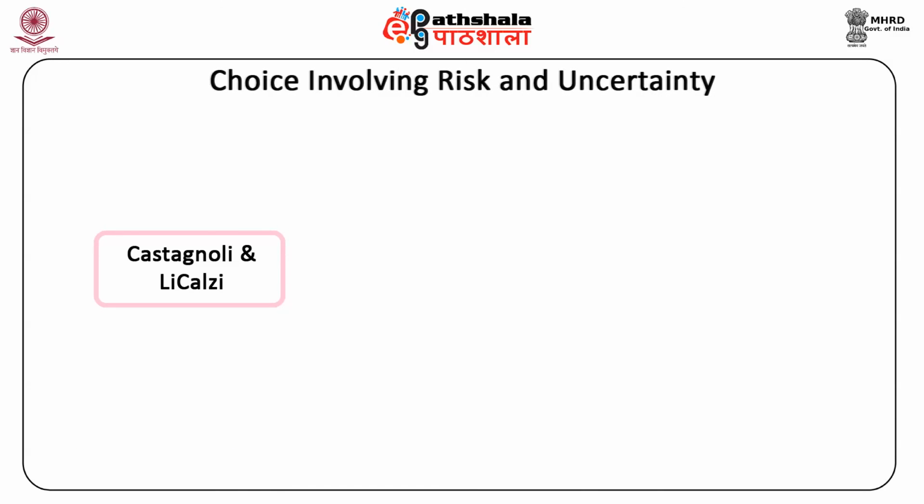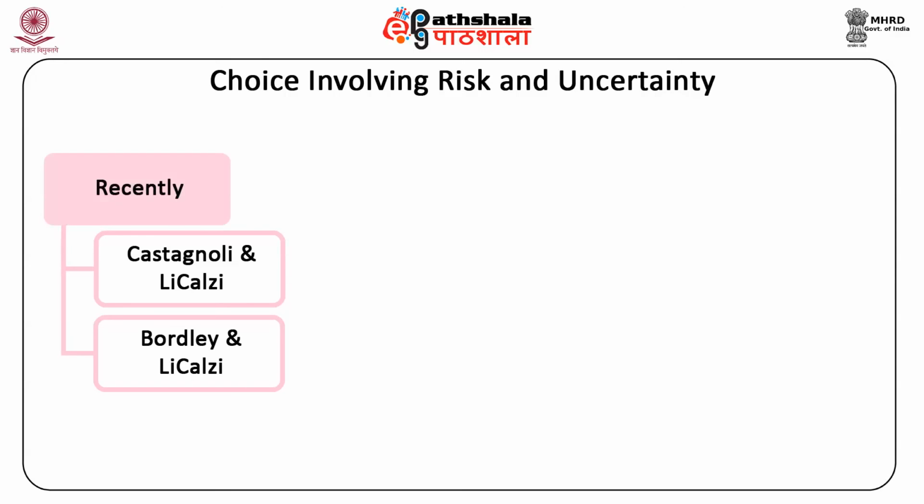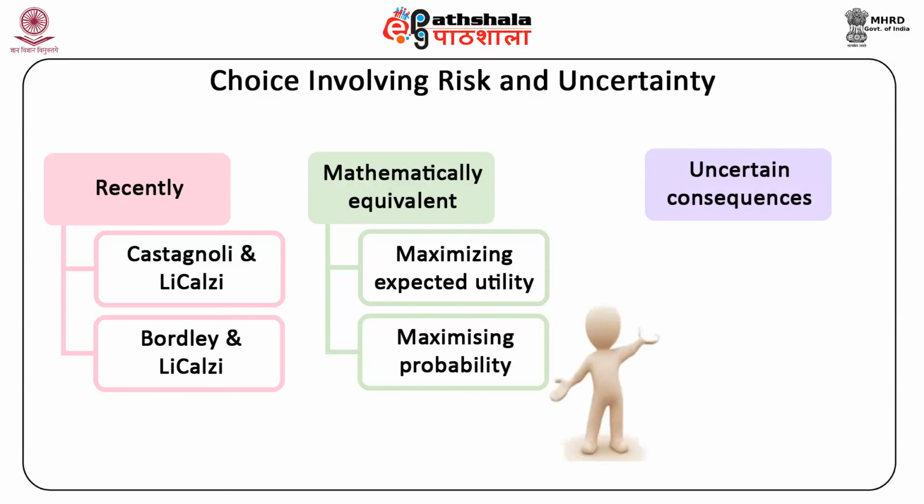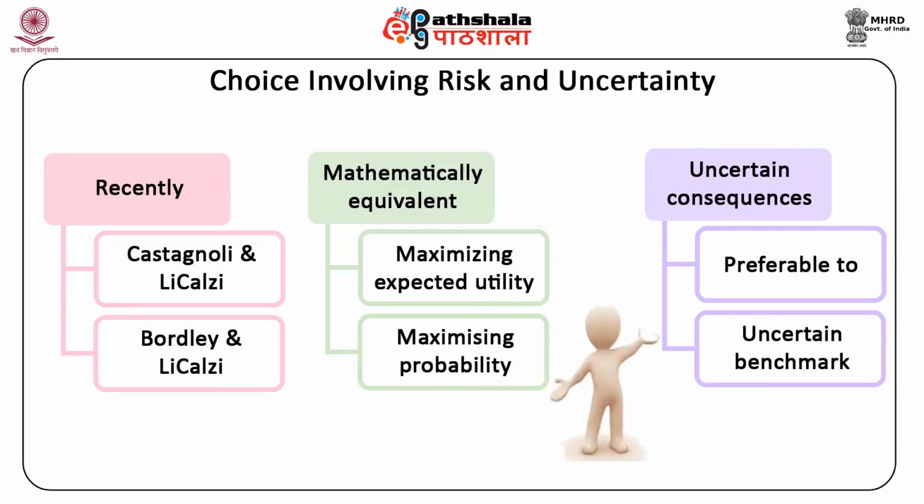Castagnoli and LiCalzi in 1996, and Bordley and LiCalzi in 2000, recently showed that maximizing the expected utility is mathematically equivalent to maximizing the probability that the uncertain consequences of a decision are preferable to an uncertain benchmark.